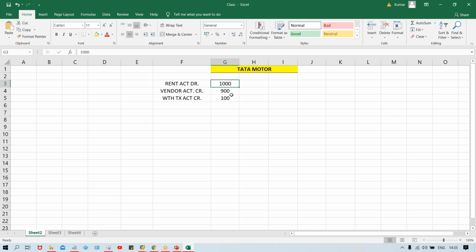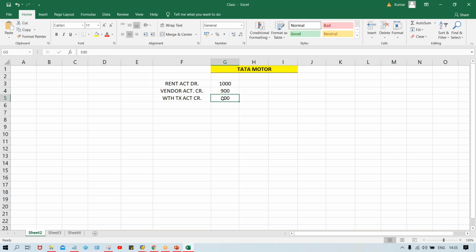So now what will happen, guys? There will be an open item for this vendor worth 900 only, and the 100 we have deducted in the form of tax.